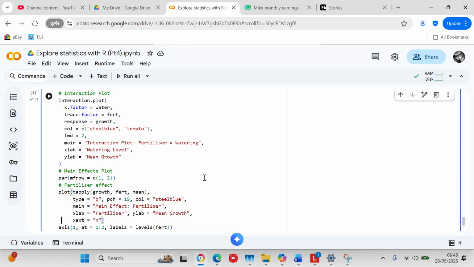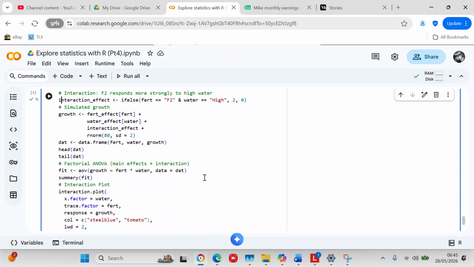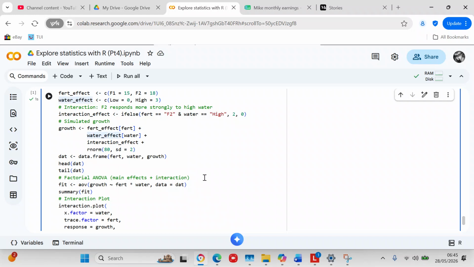So what that's telling you is that you're going to have to reject the null hypothesis in favor of the alternate hypothesis. And whenever we created our sample data, F1 was 15, which I'm taking as a mean, and F2 was 18, also a mean.